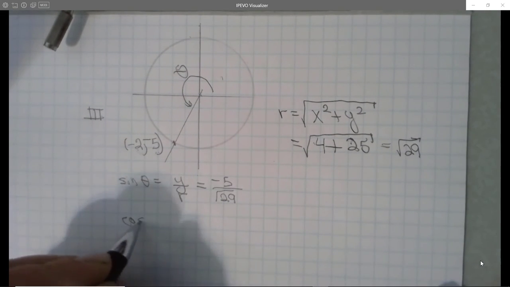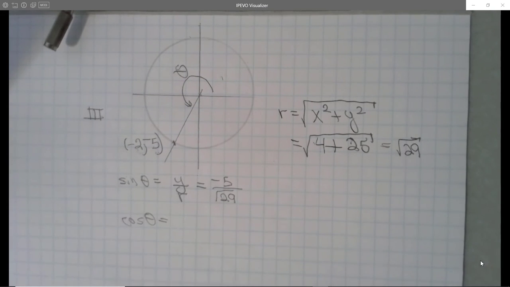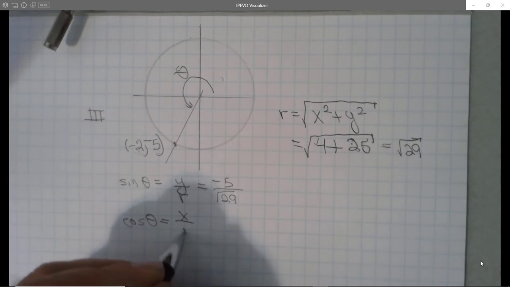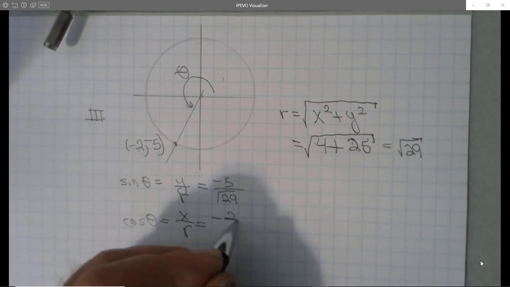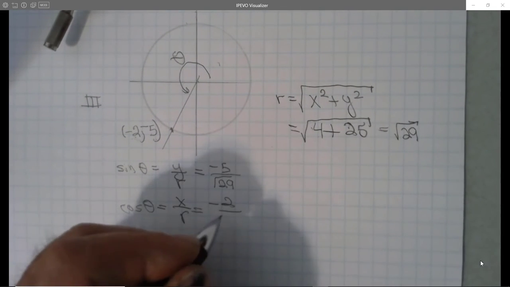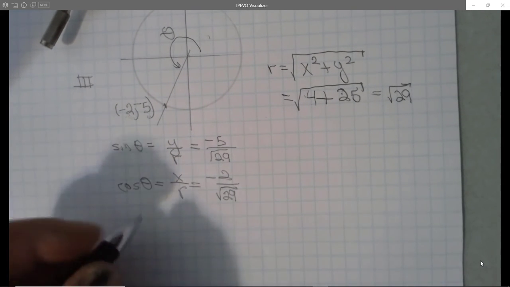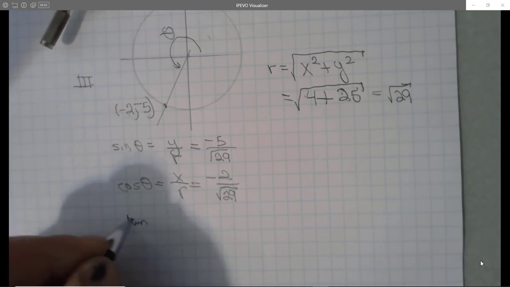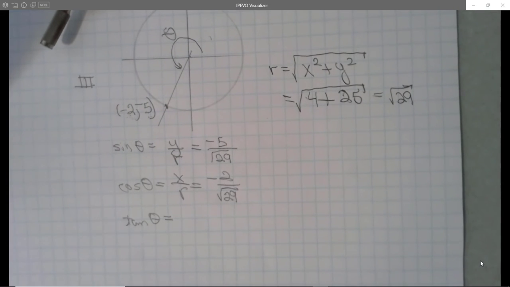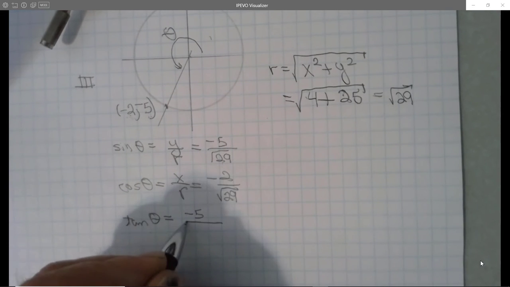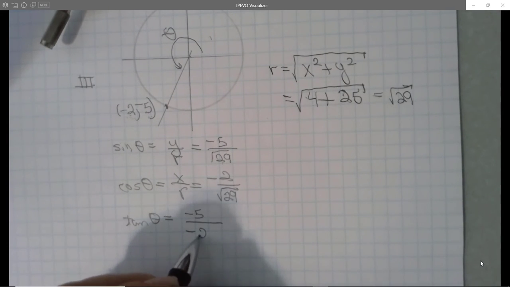What's the cosine of theta? Well, it's the x-coordinate, -2, over the radius, root 29, and we've got that one done. What's the tangent of theta? Well, the tangent of theta is the sine over the cosine, and we'll have -5 over root 29 divided by -2 over root 29.